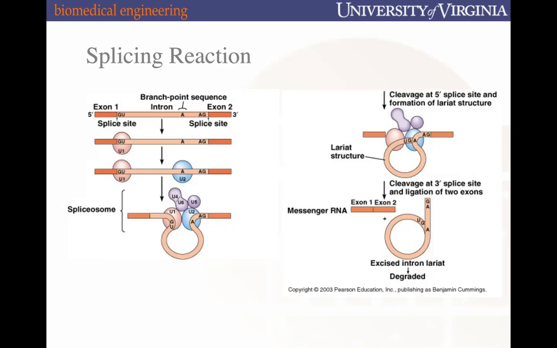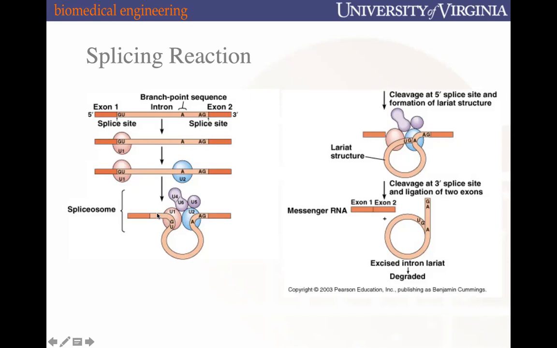All right. And after that, what's going to happen next after the lariat structure begins to form? What's important to note is the figure is not entirely accurate. Upstream from the GU is not more intron, but this is all exon right here at the bottom left.